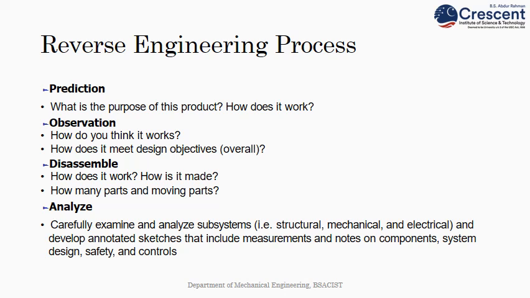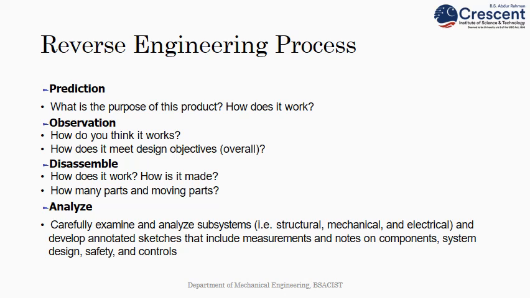So what is the reverse engineering process? It involves prediction: what is the purpose of the product, how it works, and then observation, and then disassembly. This is an important part.